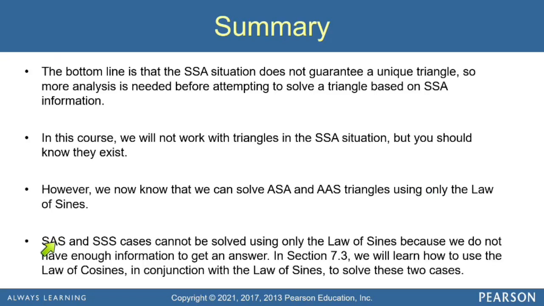And we learned how to identify SAS and SSS cases, but we know that we can't use the law of sines alone to solve them because we don't have enough information. And so in section 7.3, we'll learn how to use the law of cosines, and then we will use the law of cosines and the law of sines together to solve these two cases.